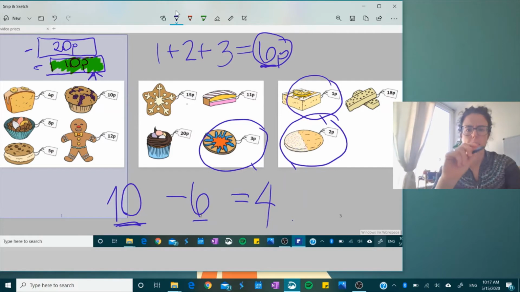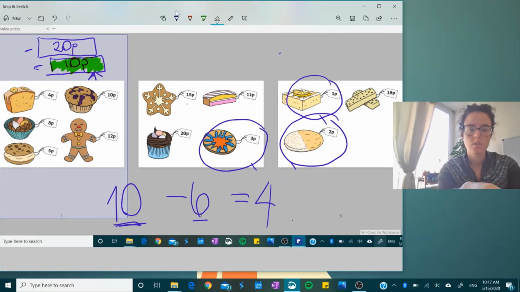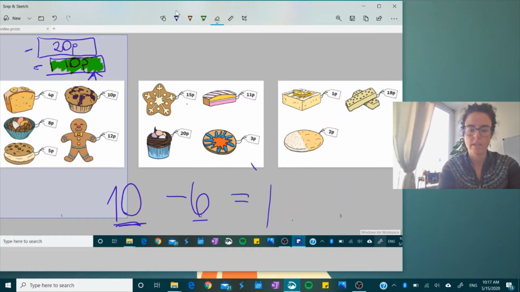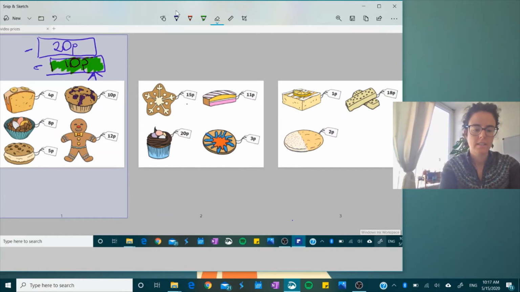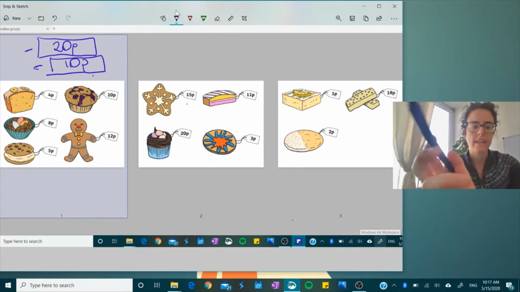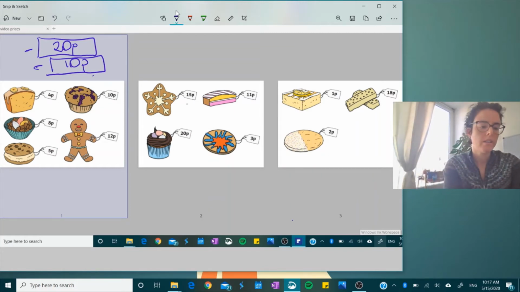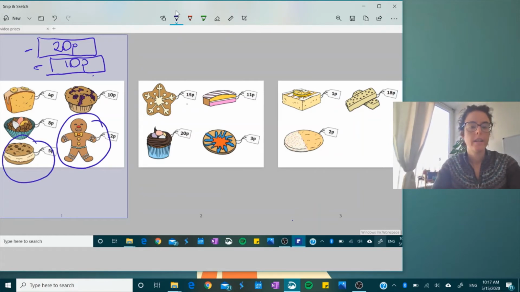Let's do another example, okay? So let's say, I'm going to erase all of this. Okay. Let's say that Miss Gia wants to buy this gingerbread man and this cookie sandwich, because I really, really love cookie sandwiches.